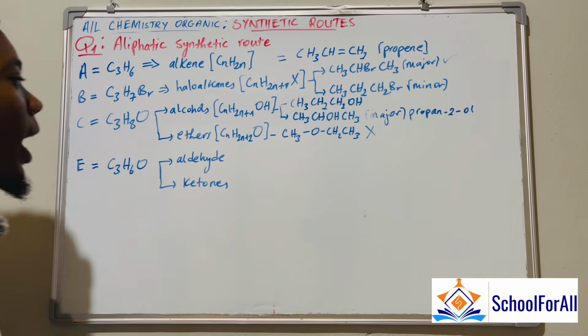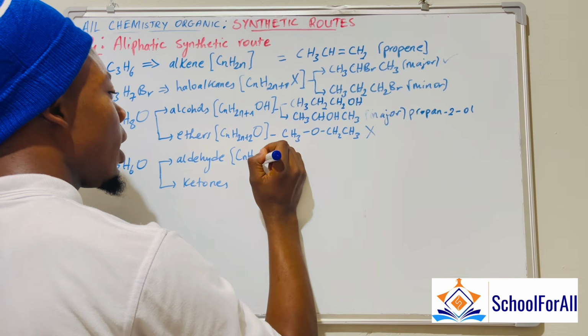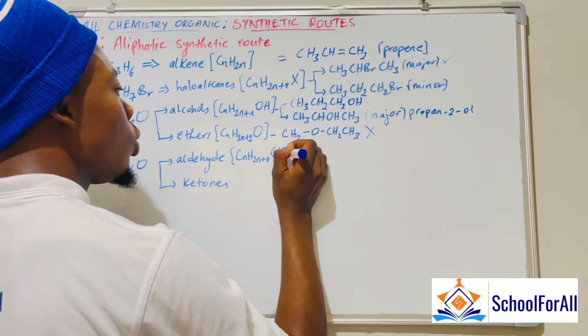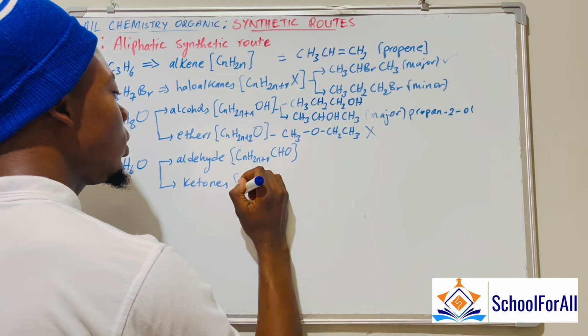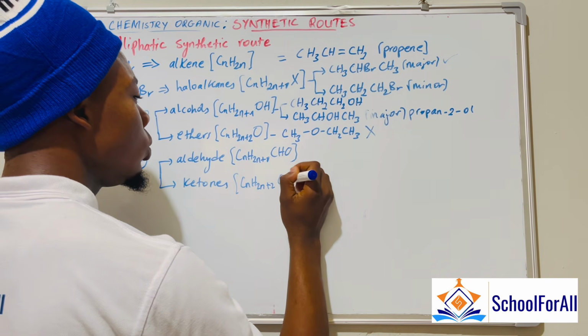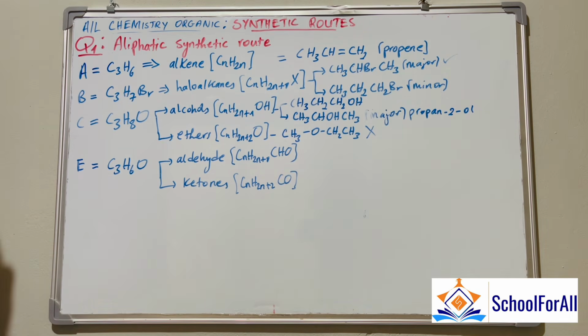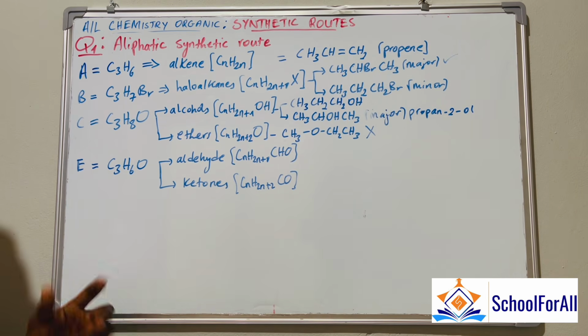Are we pleased? So the aldehyde general formula is CnH2n+1CHO, whereas the ketone is CnH2n+1COCnH2n+1. So now we are having such a compound. So what can be the structure?